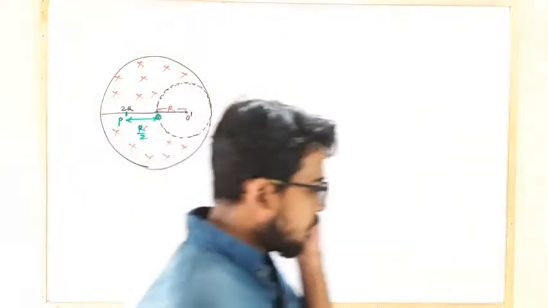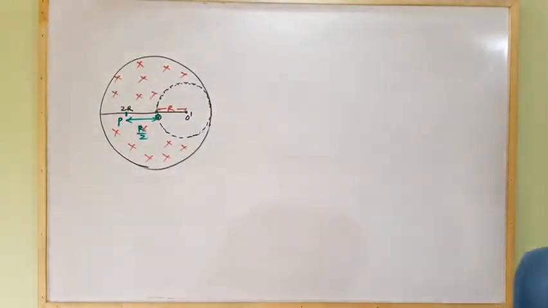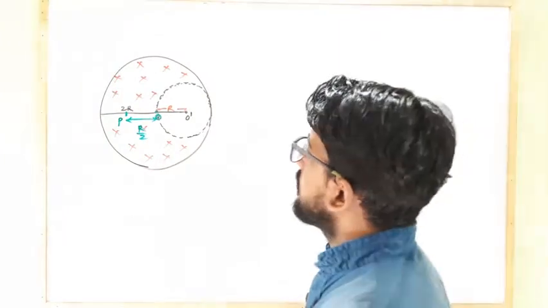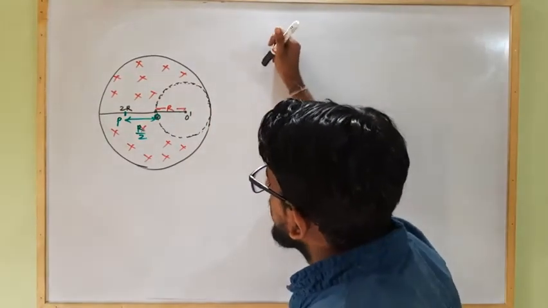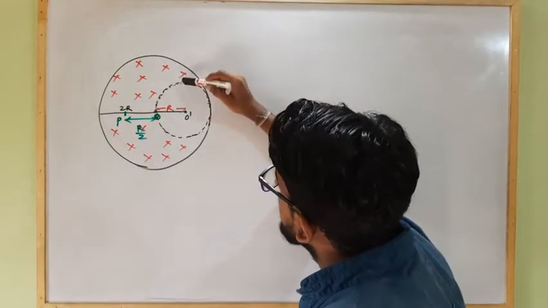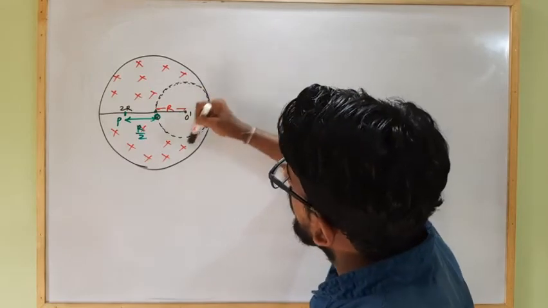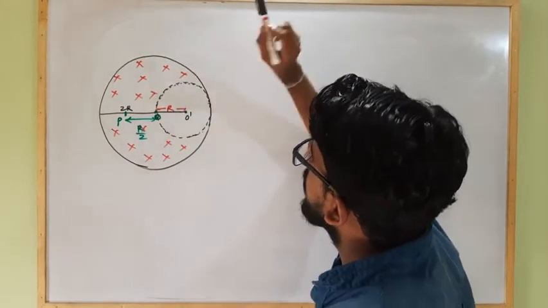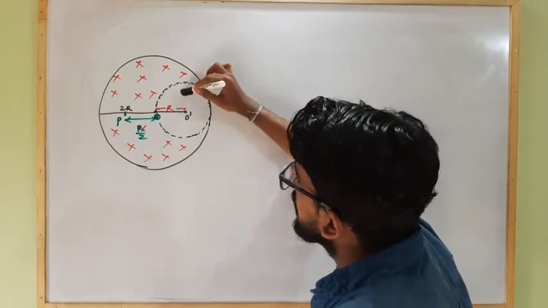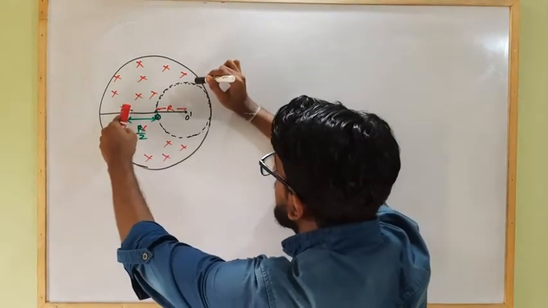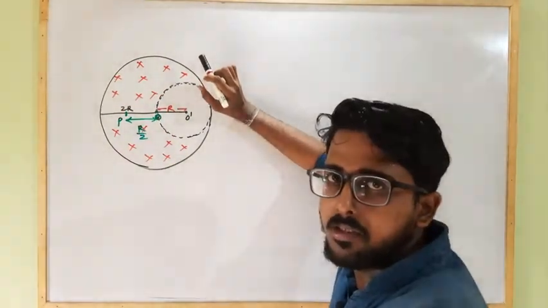Similarly, how do we have to calculate? As I already told you, for these types of questions we first assume that there is no cavity, the complete current carrying conductor is present. For that we find the magnetic field strength at the given point of observation.